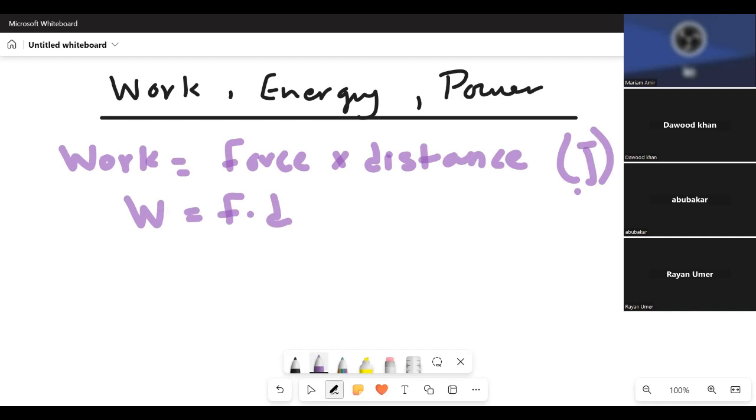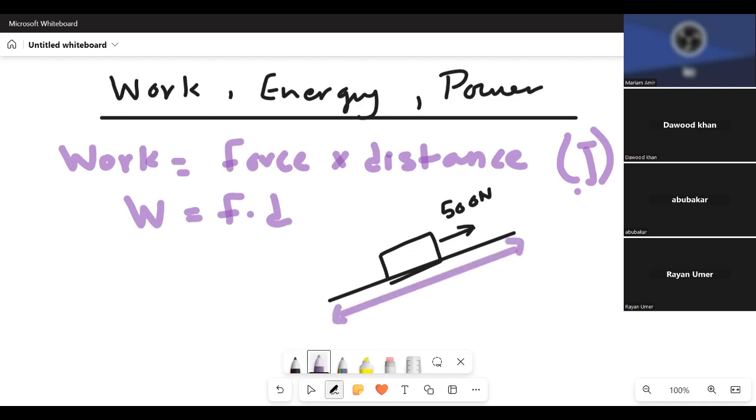For example, there's a force of, let's say, 500 newtons driving a lorry upwards, and the distance of the slope or the path is, let's say, 800 meters.